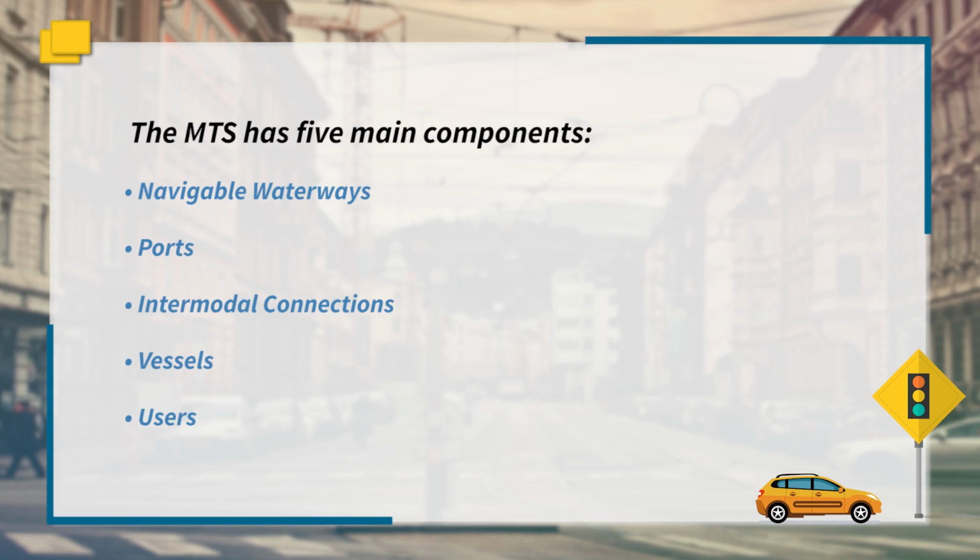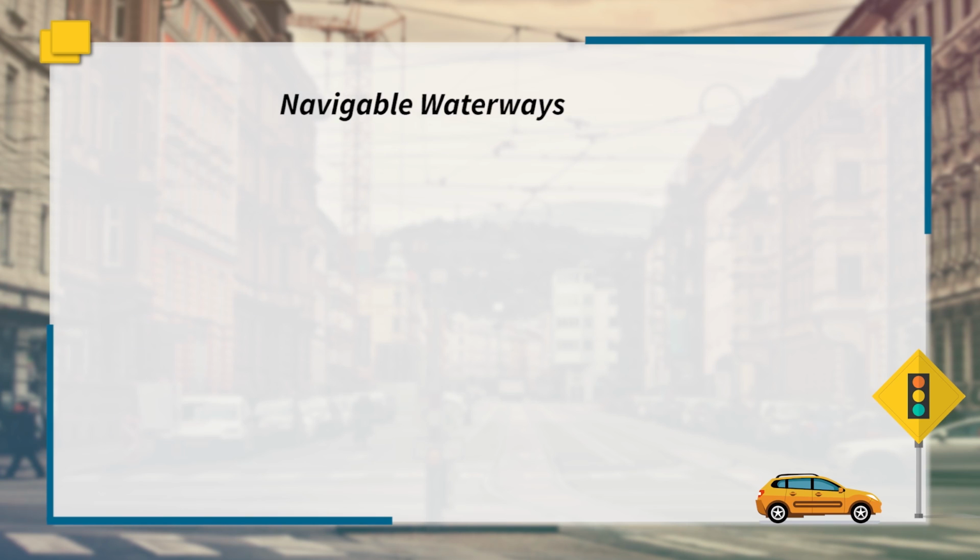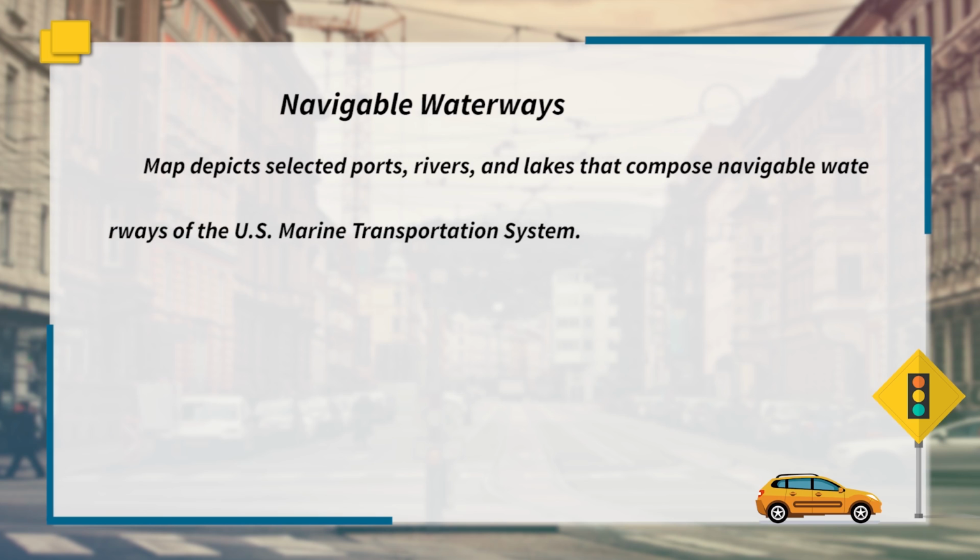The second chapter, the components of MTS. The MTS has 5 main components. 1. Navigable waterways. 2. Ports. 3. Intermodal connections. 4. Vessels. 5. Users. Part 1. Navigable waterways. The map depicts selected ports, rivers, and lakes that compose the navigable waterways of the U.S. Maritime Transportation System.